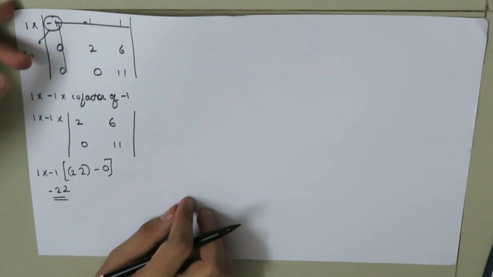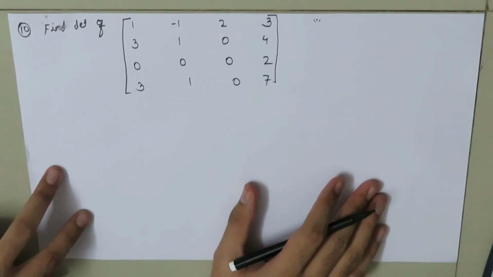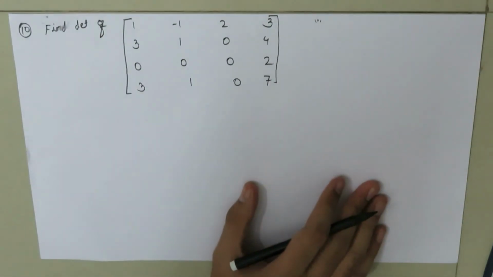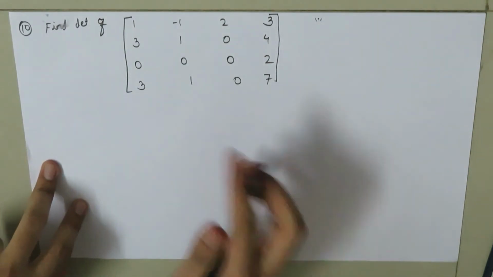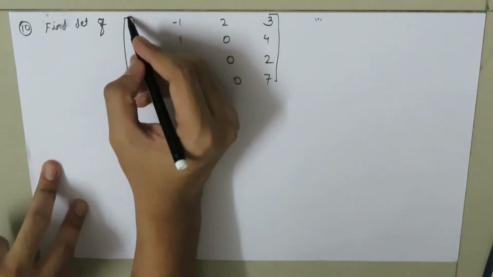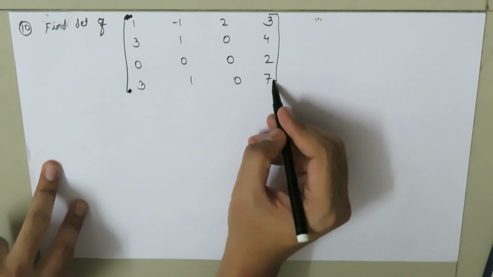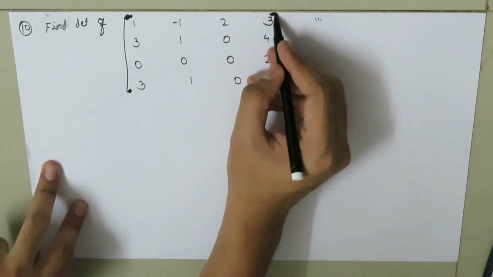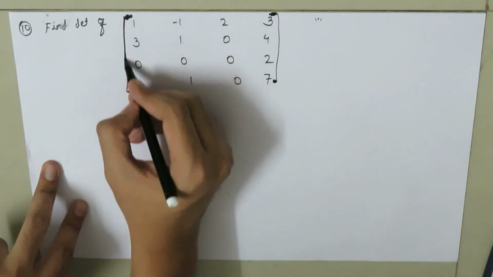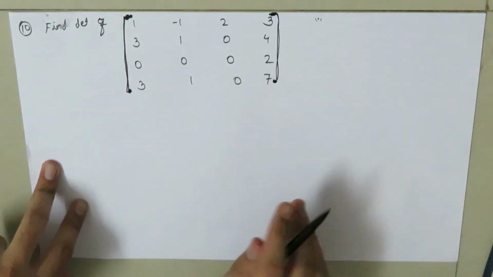So let's take another example. Here we need to find the determinant of this matrix, so it should be represented only by 2 vertical lines.